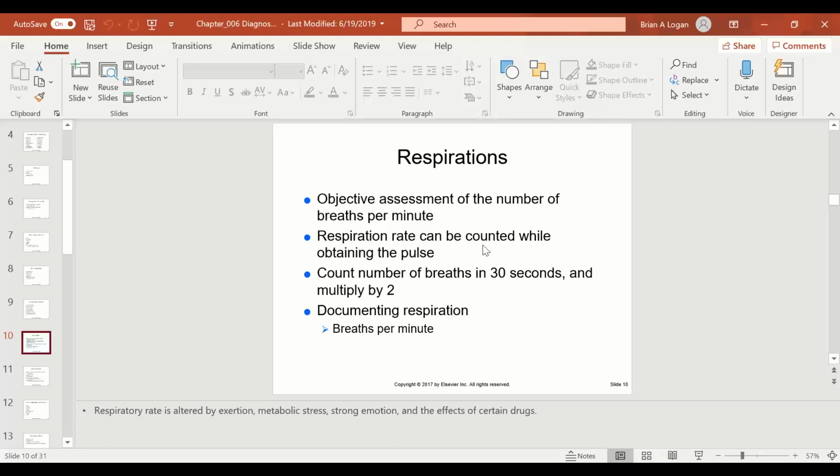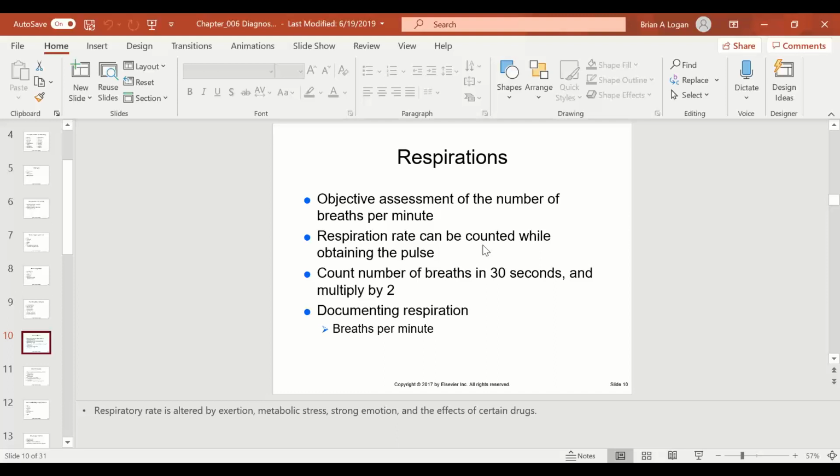So you don't want that patient to know, because the patient can control their own breathing, right? And it can be affected by stress, right? They're scared, they're going into surgery, that kind of stuff.